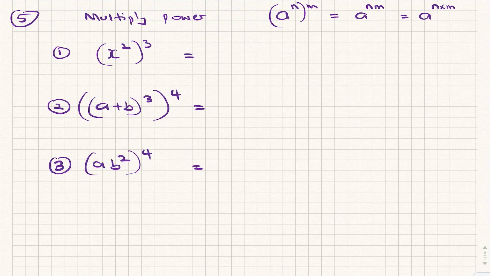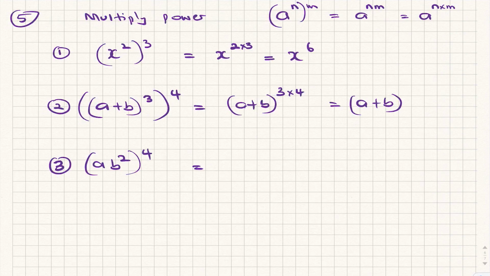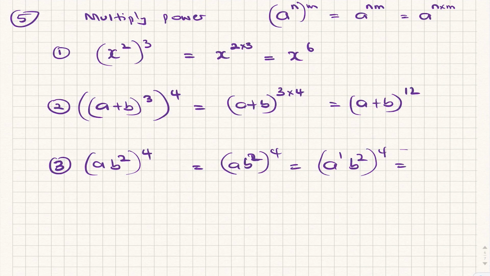Right, so hopefully you've done these questions and then you've checked the answers now. x squared to the power of 3 is going to be x to the power of 2 times 3, which is x to the power of 6. a plus b to the power of 3 times 4 will be a plus b to the power of 12. a b squared to the power of 4 is actually a to the power of 1, b squared, to the power of 4, which means we have to multiply the powers by 4, so that would be a to the power of 4, b to the power of 8.